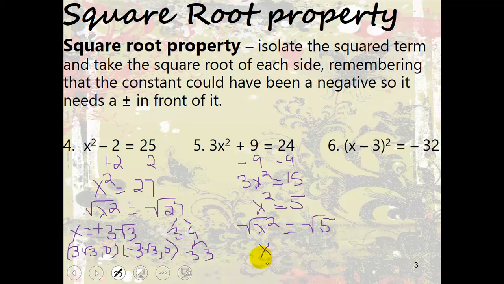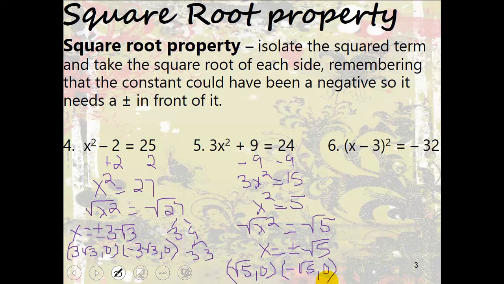So I get x is equal to plus or minus root 5. So that gives me (root 5, 0) and (negative root 5, 0). Okay, I don't have an imaginary, so these are actual exact solutions.